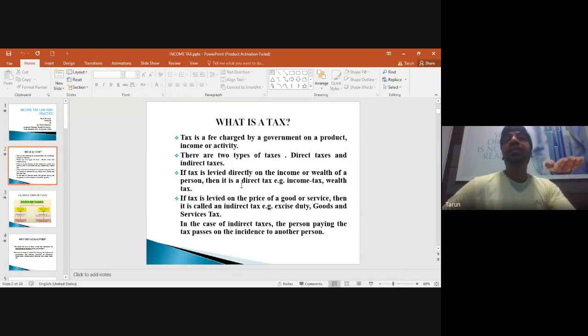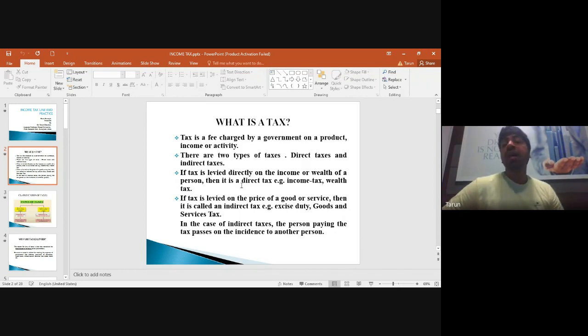The next category is indirect tax. Indirect taxes are those taxes which are levied on goods and services. As I said, if any individual goes to a restaurant for dinner to enjoy with his or her family, of course for any product on the dining table he or she has to pay the tax, and that tax is called GST, that is goods and services tax.